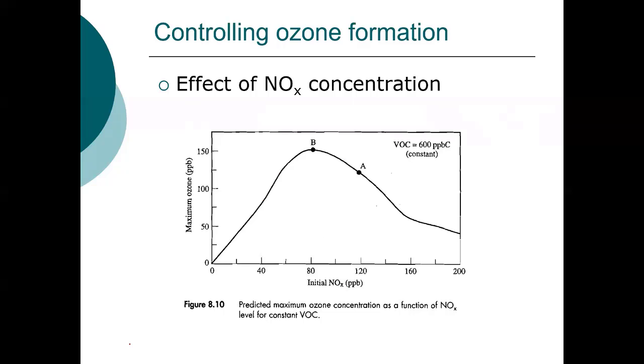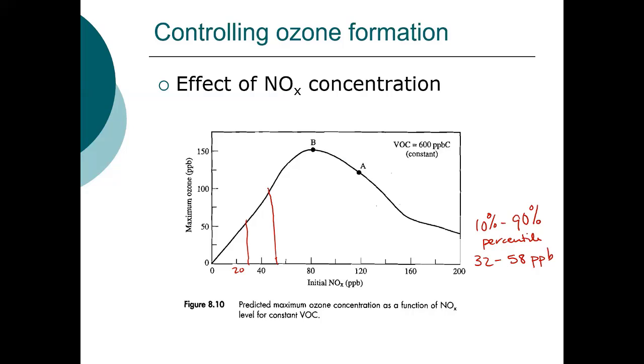And we can also look at the effect of NOx concentration. In the US, the 10th to 90th percentile levels for NO2 range from about 32 to 58 parts per billion. So we're right in kind of this range right here.